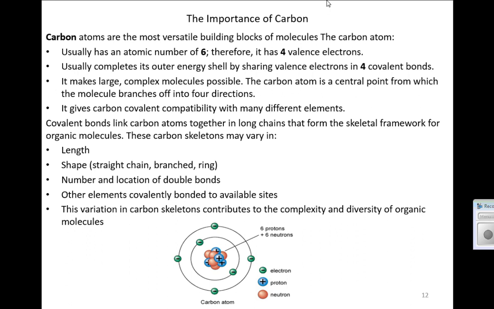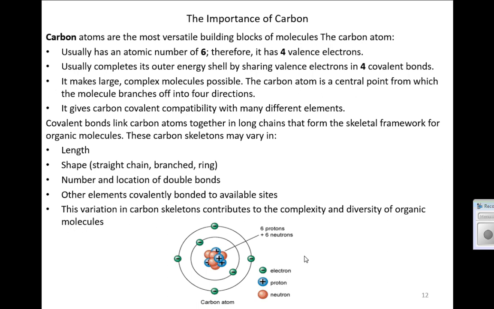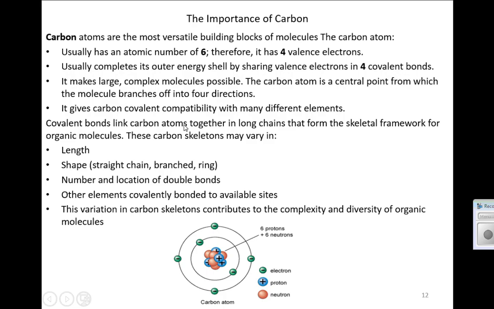We saw those with the images at the bottom of that previous page. There will be other elements covalently bonded to available sites, like those functional groups. And this variation in carbon skeleton will contribute to the complexity and diversity of our organic molecules.